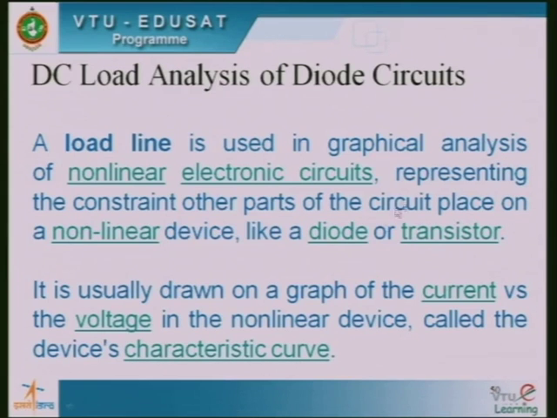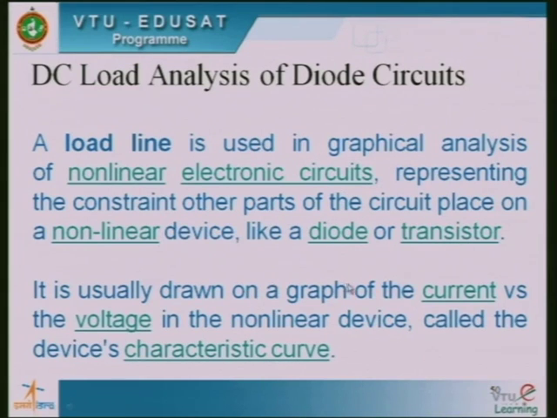Similarly, a transistor also behaves like a nonlinear device. This graphical analysis is also called DC load analysis. It is used mainly to represent the constraint that other parts of the circuit place on the nonlinear device, like a diode, or it could be a transistor here.